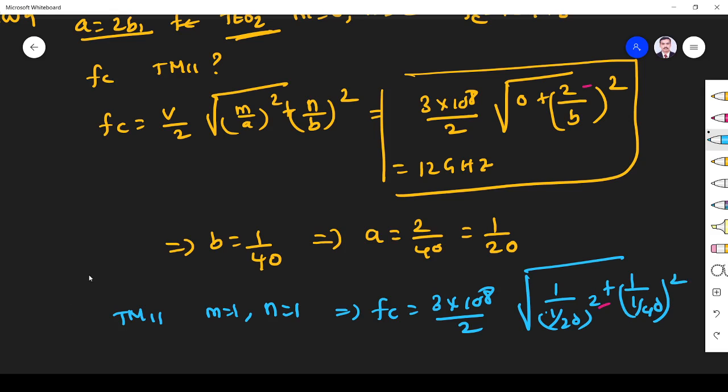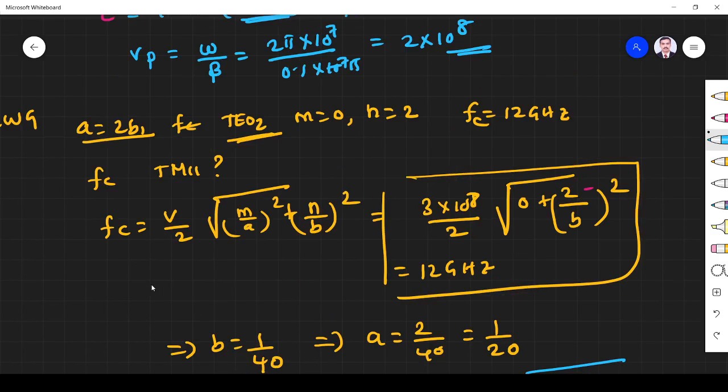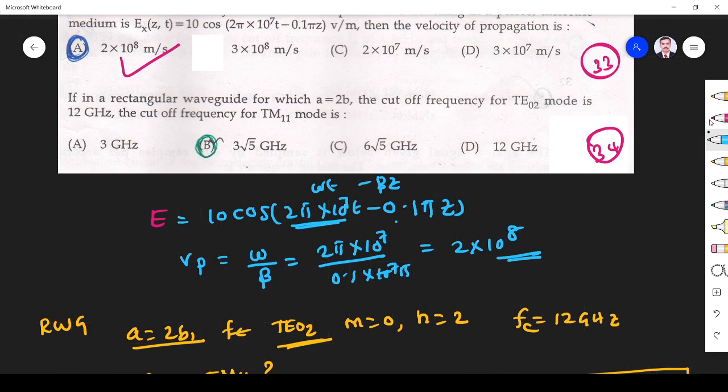If you simplify, what you get is 3 root 5 gigahertz, right? So the option, I think it's B. Yes, option B is the right answer.